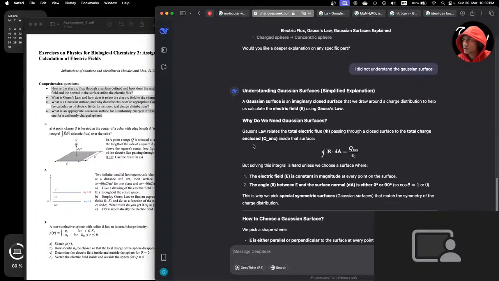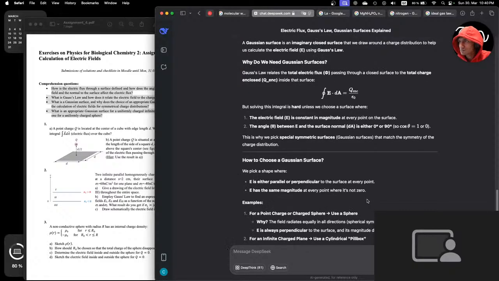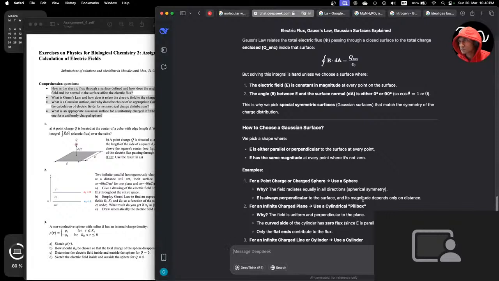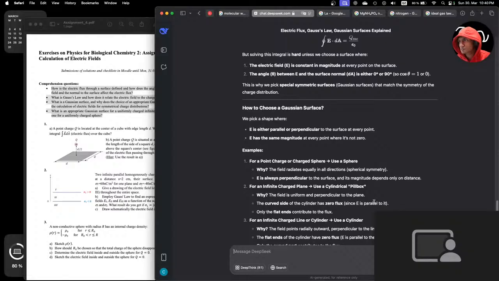First person class. Use a cylindrical pillbox.